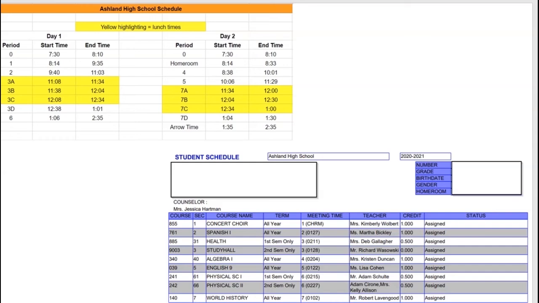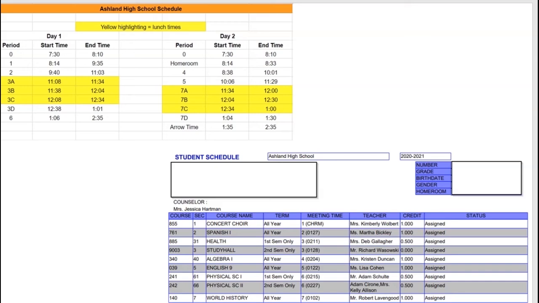But if I'm this student, then I am going to start on September 8th by going to my homeroom, which again will be listed over there on the right. Then I will go from my homeroom to my 4th period, which for this person is algebra, in room 204, then 5th period, and then followed by 7th period.